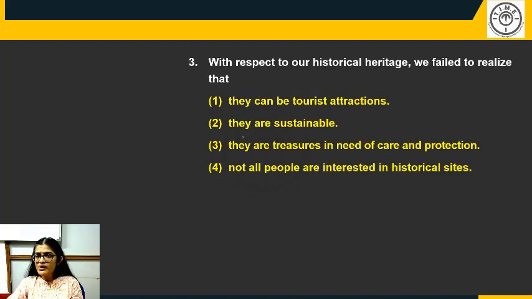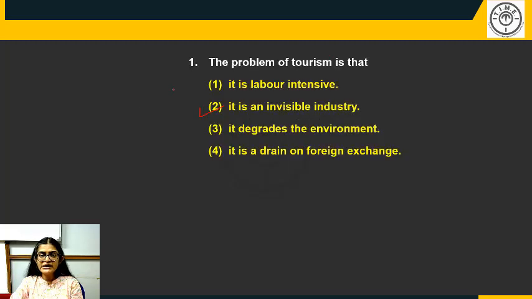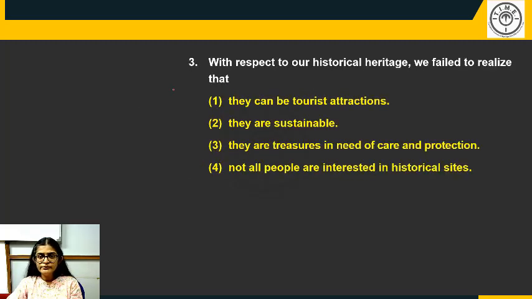With respect to our historical heritage, we failed to realize that. Last para, what did we fail to realize? That without proper care and preservation, these treasures are in the danger of being lost to us. So, they can be tourist attractions. Did we fail to realize that? No, it doesn't say that we do not know that they are tourist attractions.